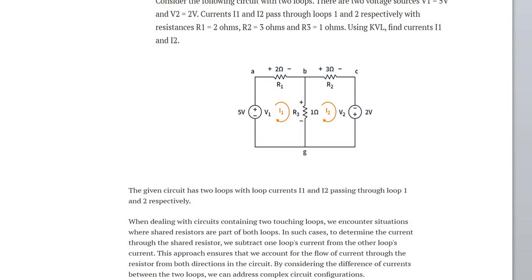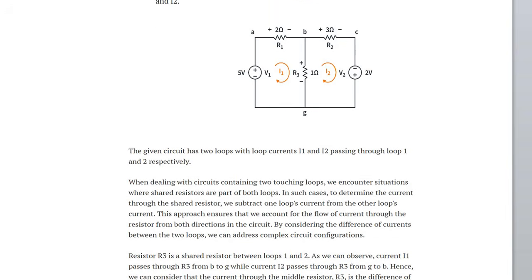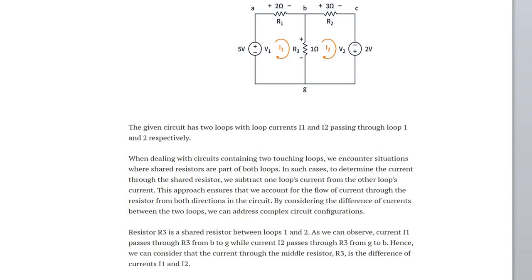The given circuit has two loops, that is I1 and I2 passing through loops 1 and 2 respectively. When dealing with circuits containing two touching loops, to determine the current through the shared resistor, we subtract one loop current from the other loop current. This approach ensures that we account for the flow of current through the resistor from both directions in the circuit.